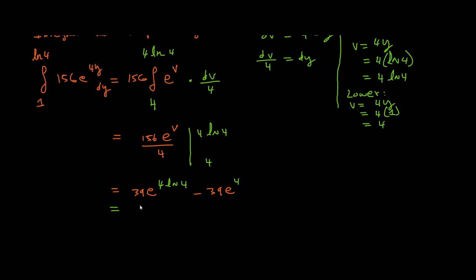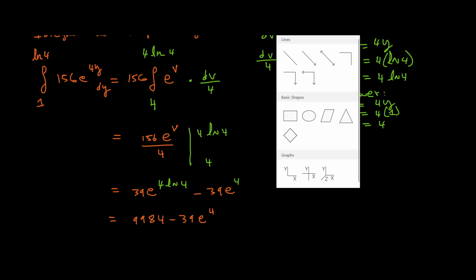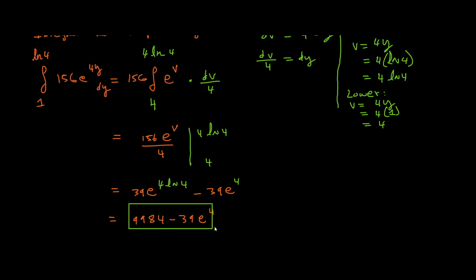And we get, you should get 9,984 minus 39e to the fourth. So that's our final answer.